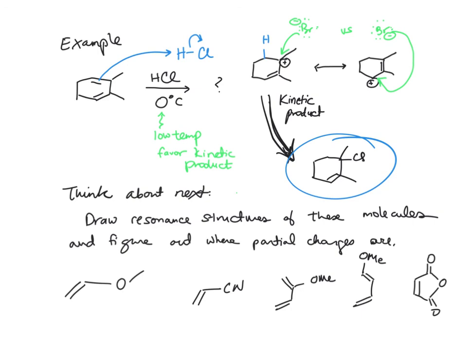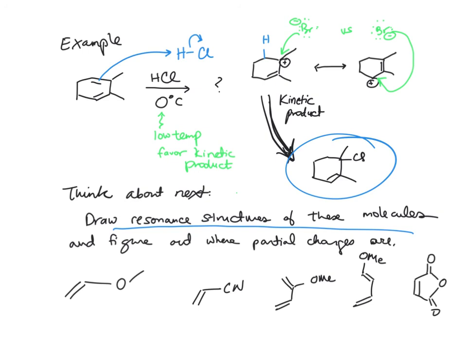I want you all to be doing every in-chapter problem and get started on the end of chapter problems for chapter 16. And also, before the next time that we have a video together, I want you to draw resonance structures of the following compounds and figure out where a partial charge is.